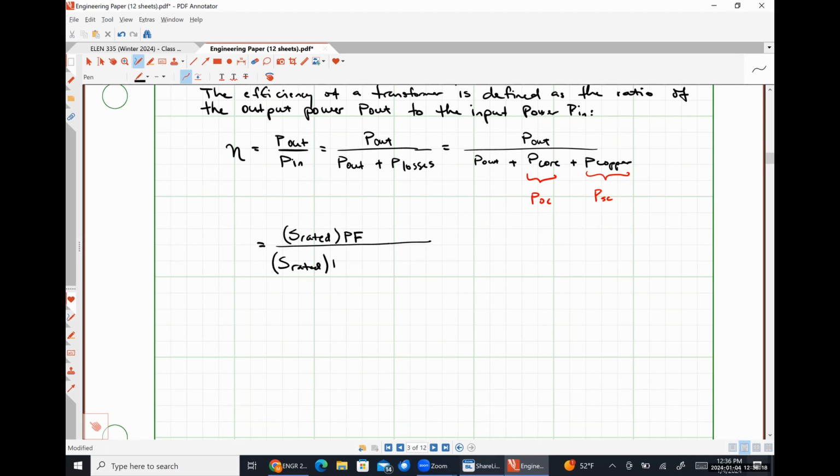This is assuming we're at full load, times power factor plus POC plus PSC.